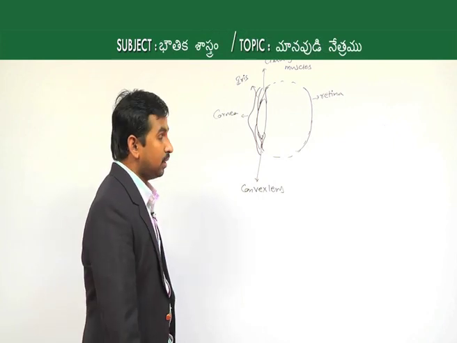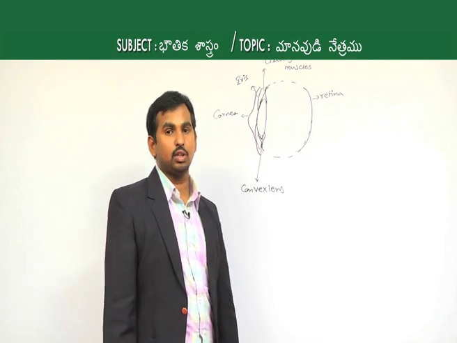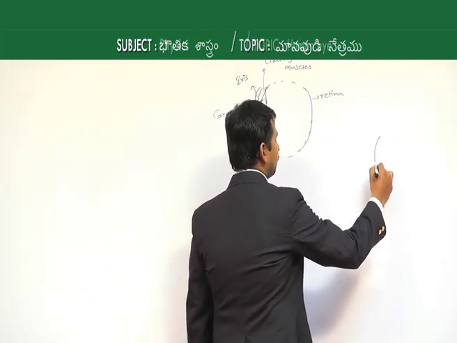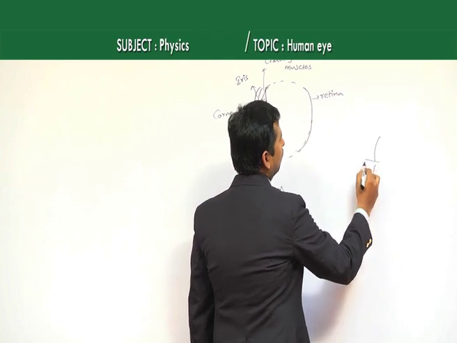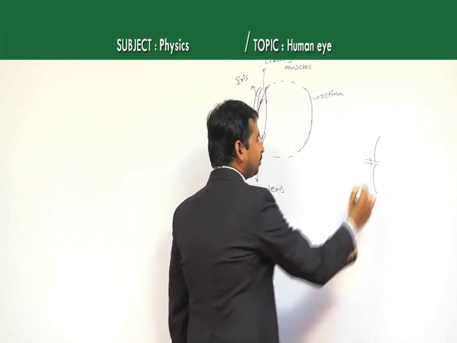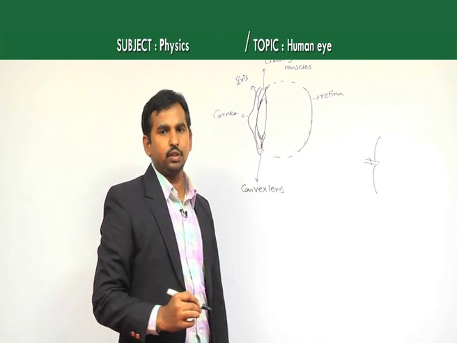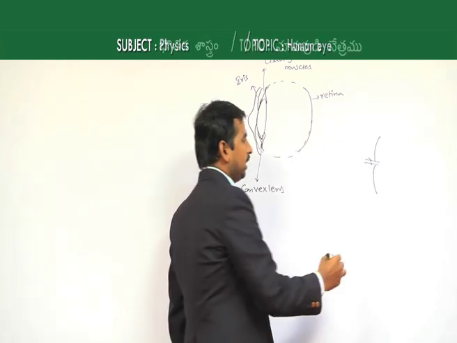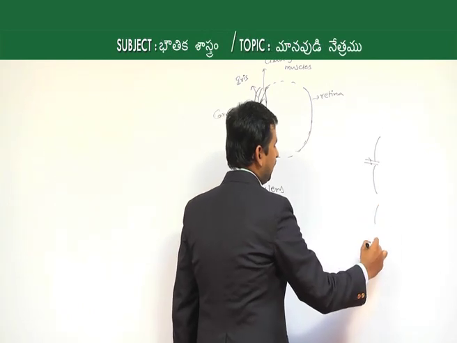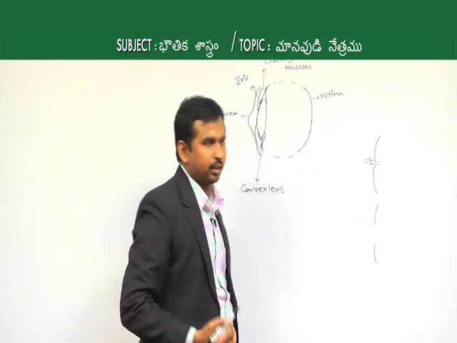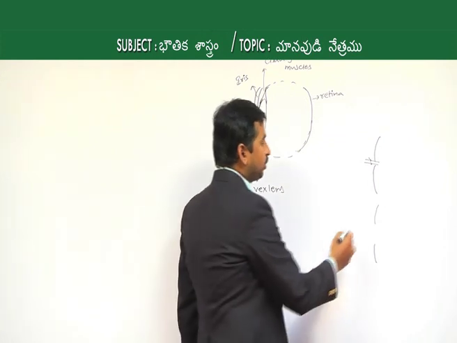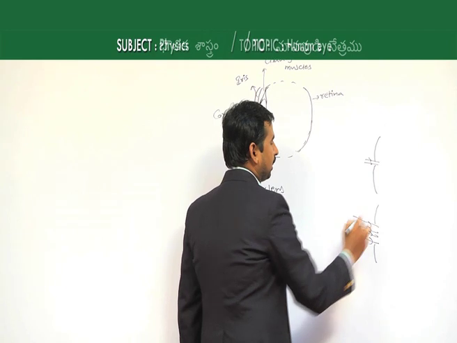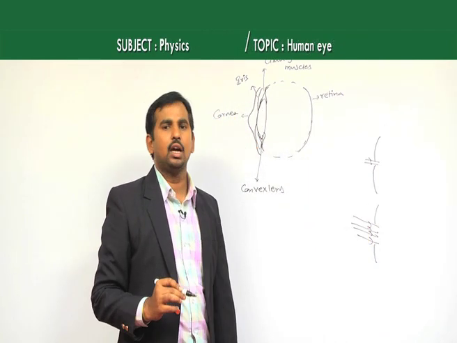So the iris closes the shutters and allows only a small passage for the light rays to enter. Whenever you are exposed to very dim light, the iris extends back, so that the passage is larger and more light rays may enter inside. That is the work of the iris.